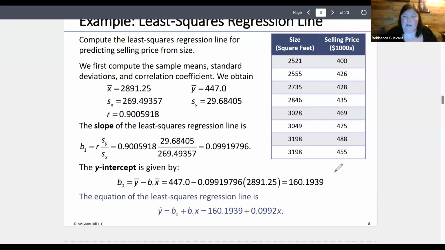However, let's say we know that if x is 2,735 feet, we know that y is 428. However, y hat is going to be... I'll have to calculate this in a second. We're going to plug that in, my square footage, not the price.